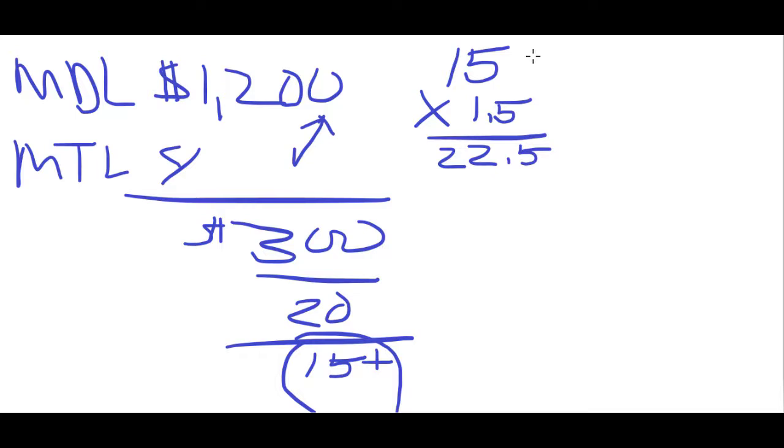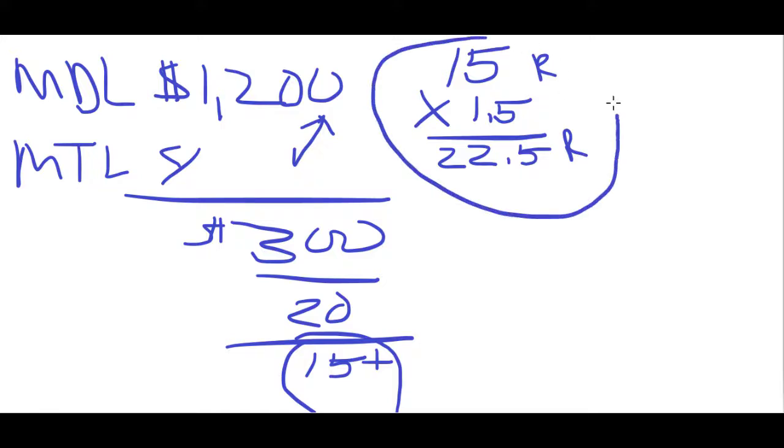So you're risking 15 to make 22.5. Now you have to find a setup or a strategy that can produce roughly 50% or better, preferably 55 to 60% or better, and just control your risk.